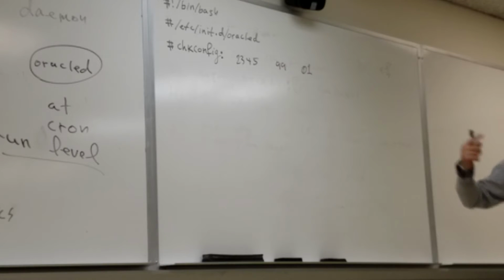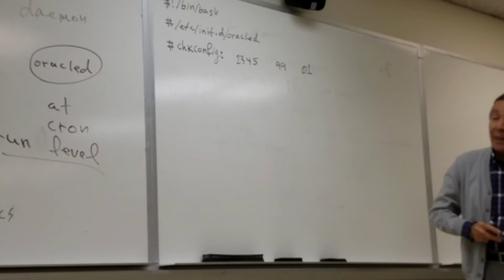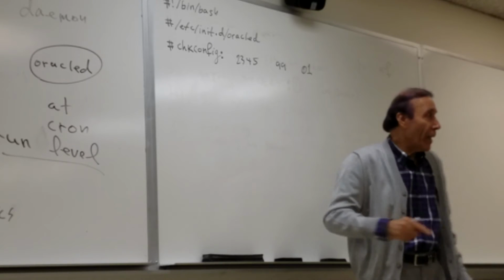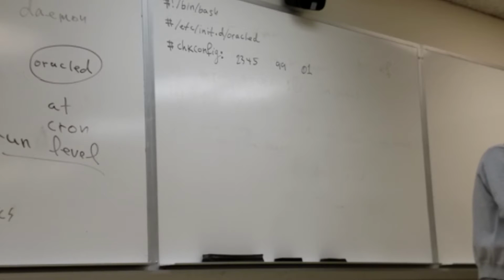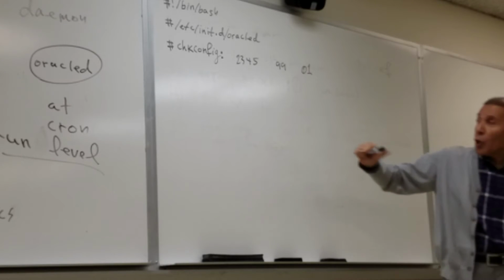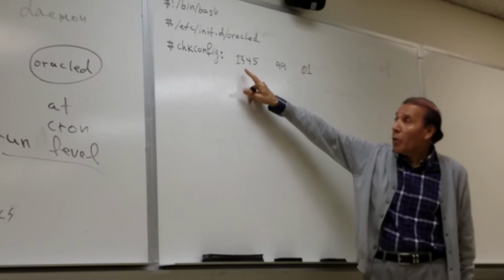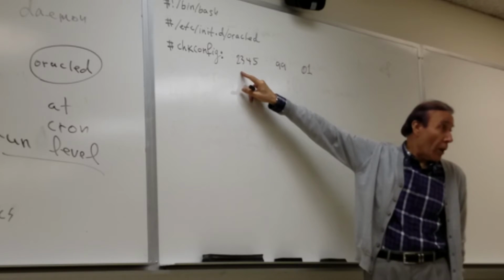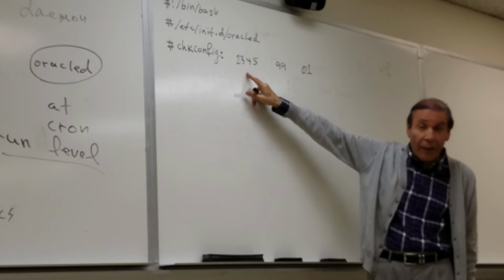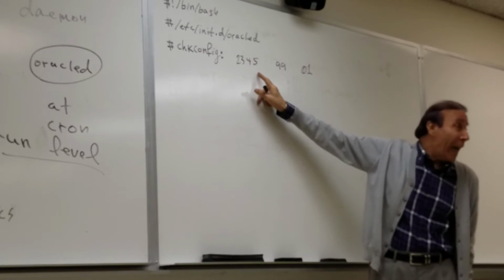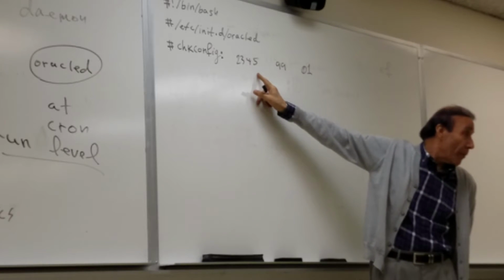Now, let me tell you what that line does. You guys possibly would know, right? But let me explain what this line is. This line is very important. This line says your daemon should come up, it should start on run level 2, run level 3, run level 4, and run level 5.